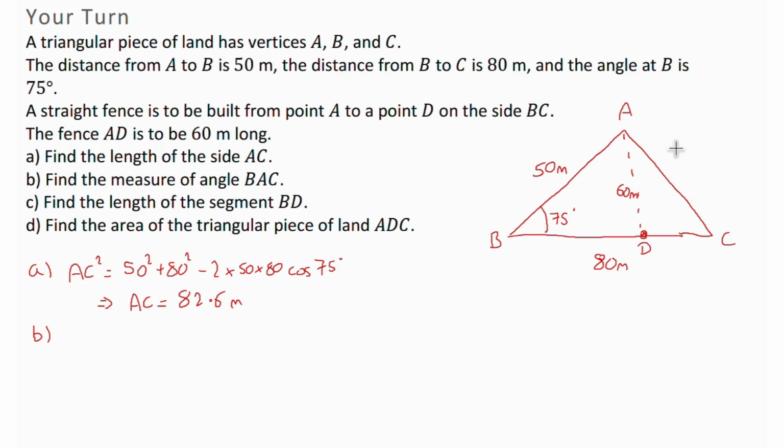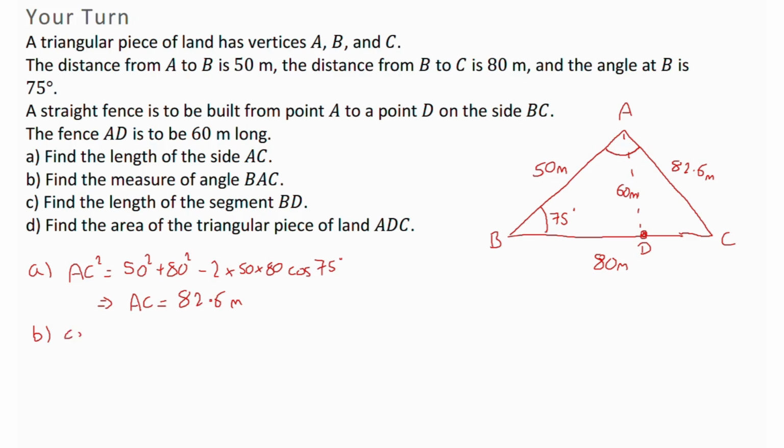For part B, let's annotate that on here now. That's 82.6 meters. Part B, find the measure of angle BAC. So now we're looking for this angle here. Now that we know all three sides, we can use the cosine rule again to find this angle.